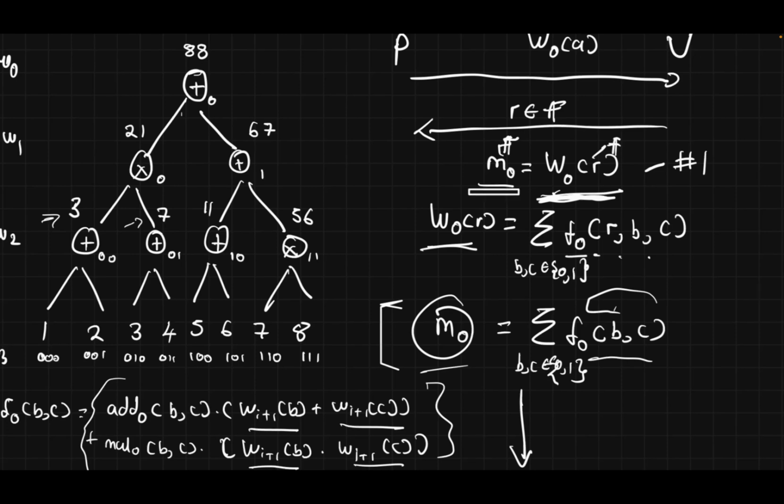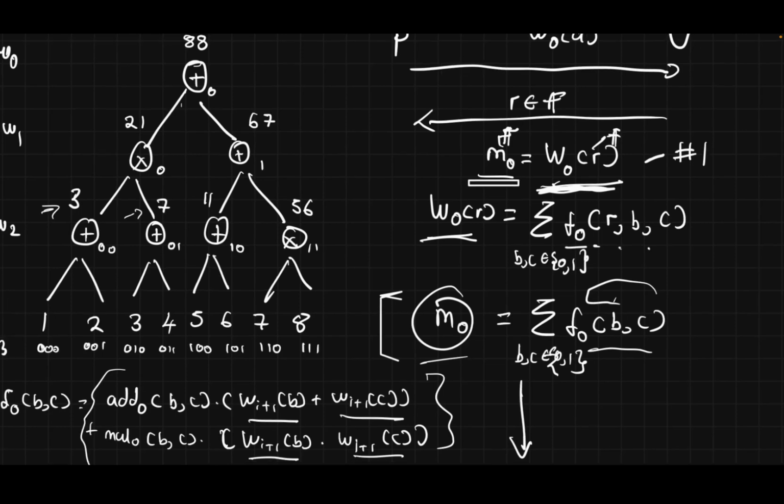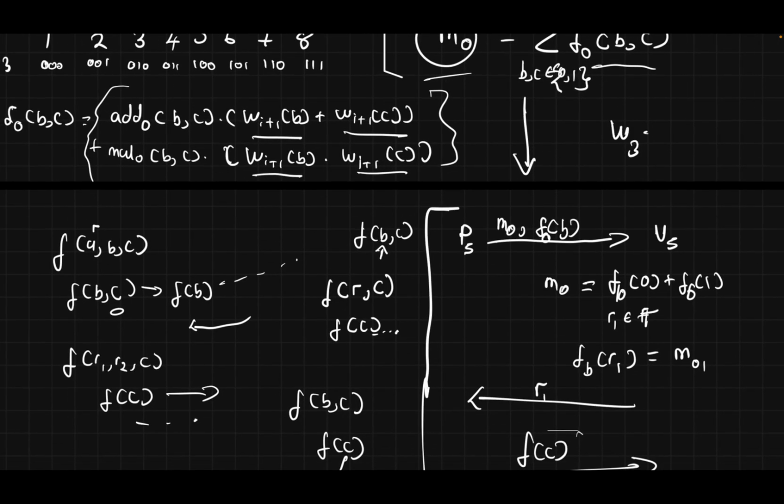Then we did all of this just to reduce it to something about W1. Now we're doing it all over again, we'll reduce it to W2, then we'll do it all over again and reduce it to W3. But at that point, the verifier has W3, so if you tell it that W3 at R4 is equal to O7, it can check this.